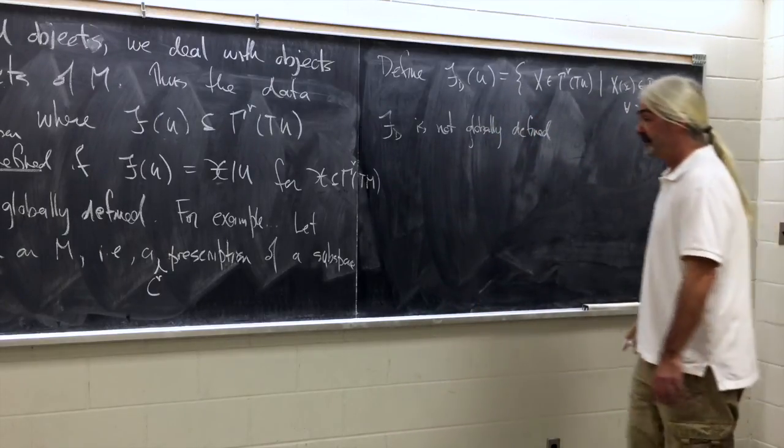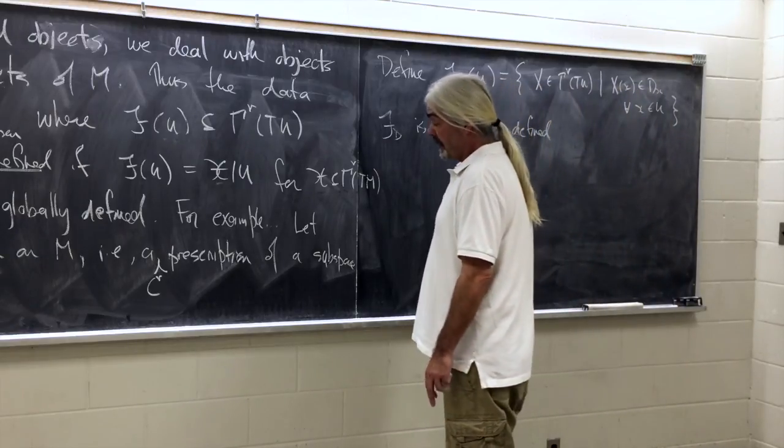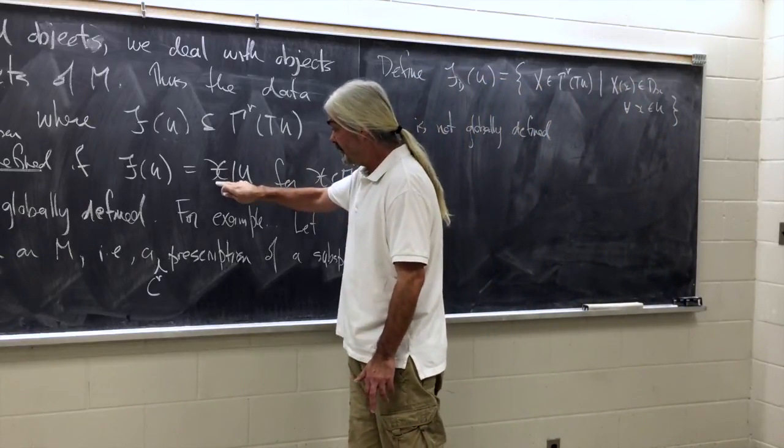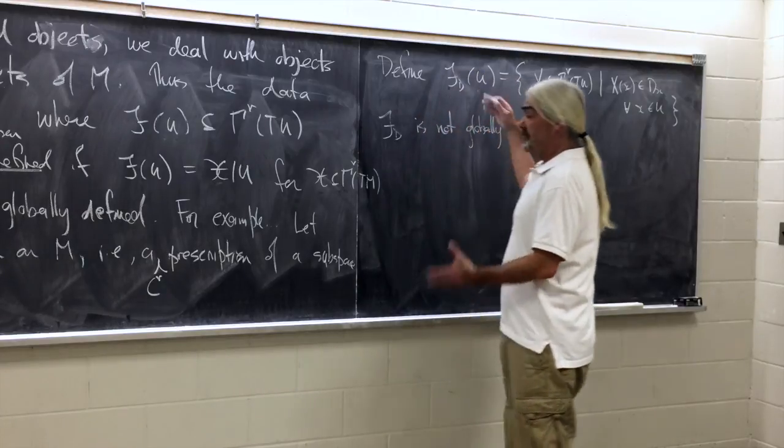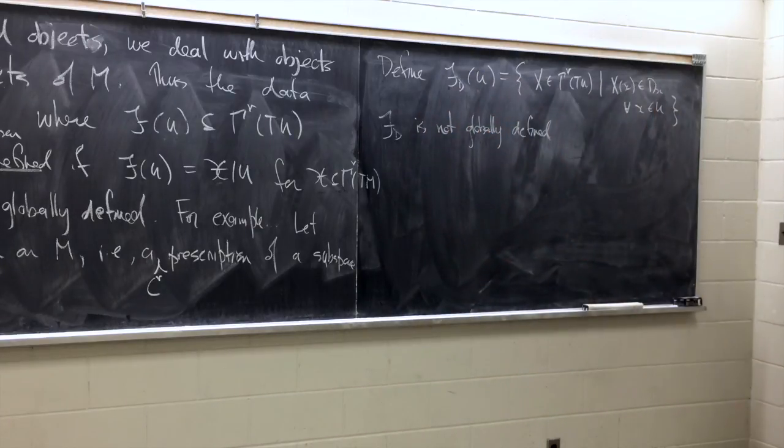There does not exist a global set of vector fields so that F_D of U is just the restriction of all those vector fields to U. If you're not used to thinking about this stuff, it may take a second, but think about it.